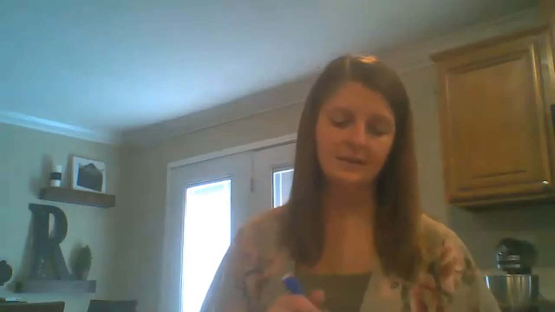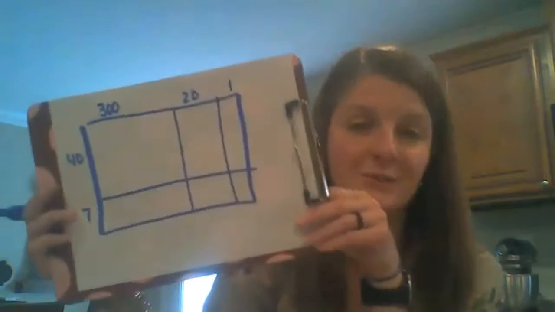As a 4th grader, you multiplied larger numbers using an area model, right? You did something that looked like this. We'll draw it out here. So it might have looked something like this right here, right?